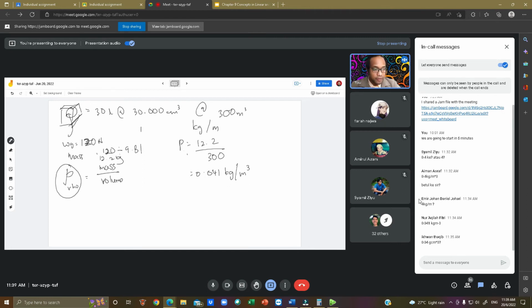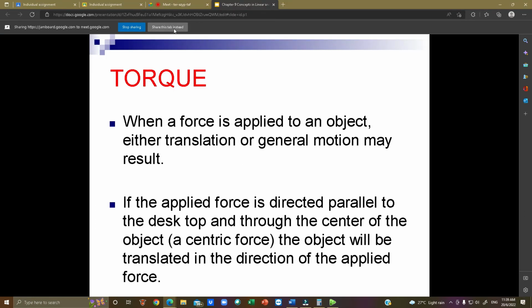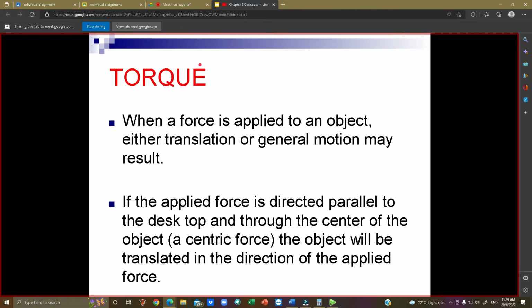Alright, this one is about pressure. Kita tengok ada lagi tak properties lain. Okay, this one we have done. So we move on to our next properties. Selepas pressure, density, volume, we have torque. Okay, torque ni ialah force.